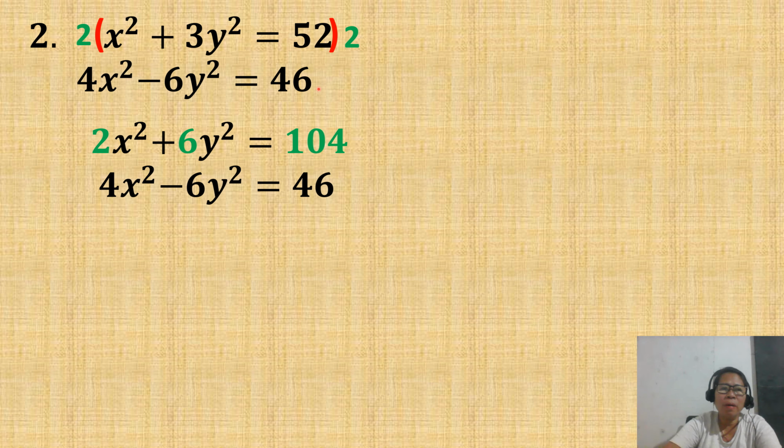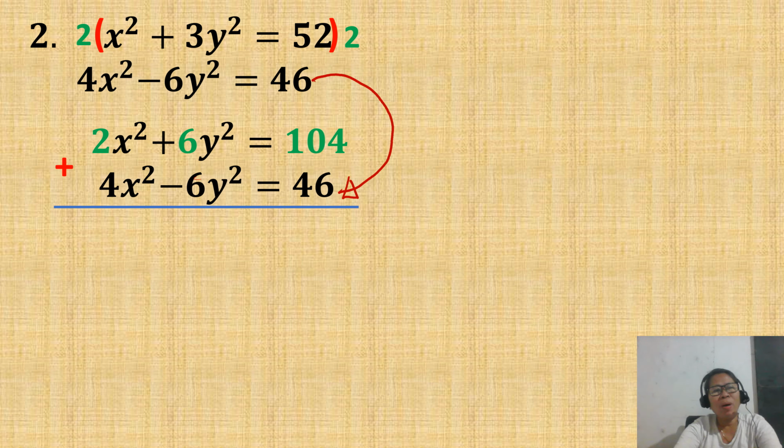And our second equation will remain as is, so we are just rewriting it because we are not making adjustments. So now, since our variable y has opposite signs, and at the same time they have the same numerical coefficient other than the positive and the negative, we are going to proceed now to addition.